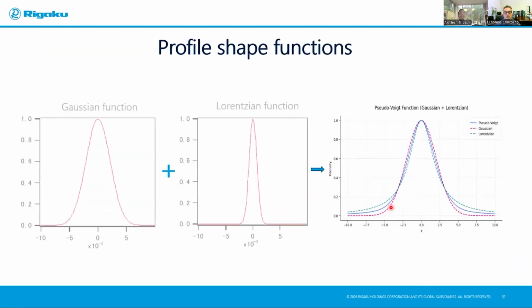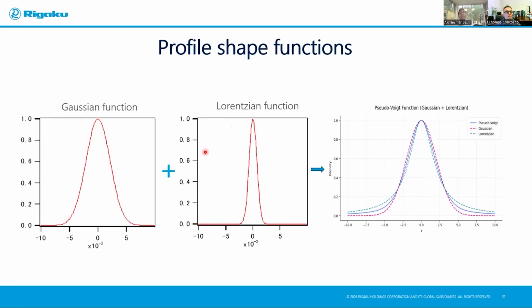Next, you need to give these straight lines some shape. Usually you use Gaussian and Lorentzian, a mix of these two mathematical functions. So remember, when you go inside the program, you're using something called the pseudo-Voigt function or a number of other functions, Pearson VII. These are very popular. The most popular functions, Pearson VII and pseudo-Voigt, are a mix of the two mathematical functions, the bell shape and the sharp.